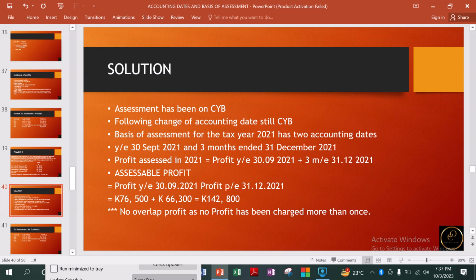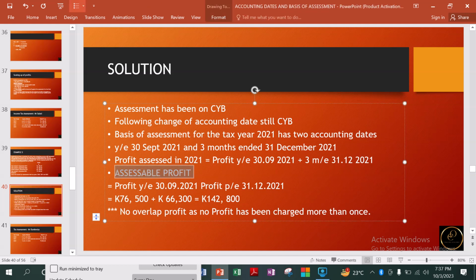So how do we determine this assessable profit? Look at that. Profit for year ended 30 September 2021, we have 76,500 plus 66,300.